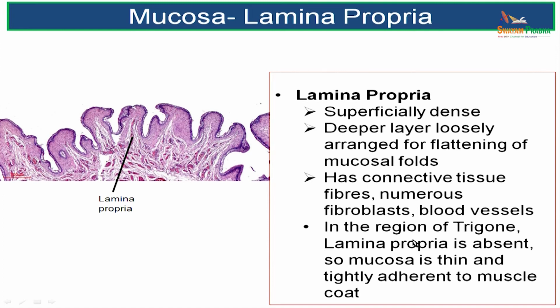Please note, as I have already mentioned, in the region of the trigone, lamina propria is absent. So, the mucosa is very thin and tightly adherent to the muscle coat. That is the significance of the trigone, where the mucosa is thin because of the absence of lamina propria and is tightly adherent to the muscle coat.